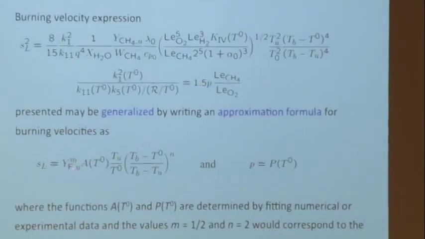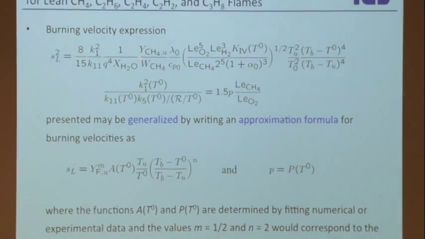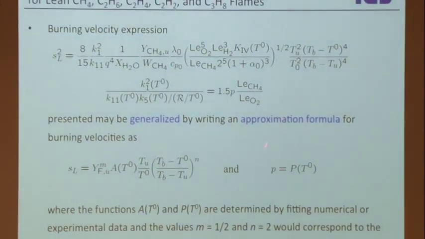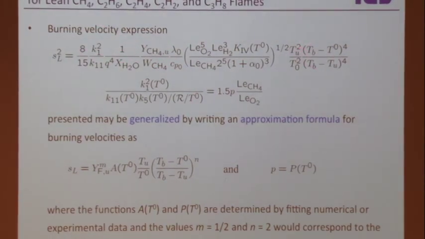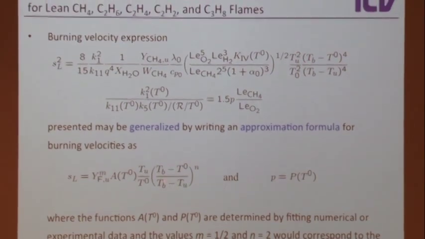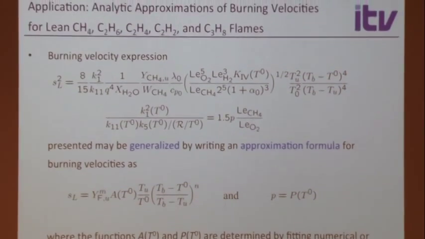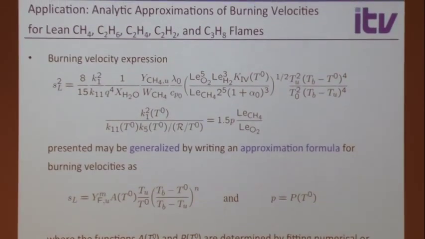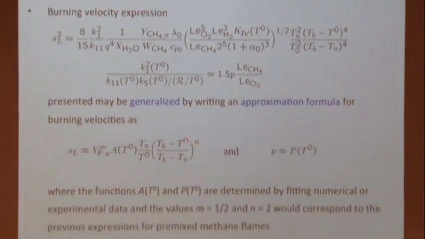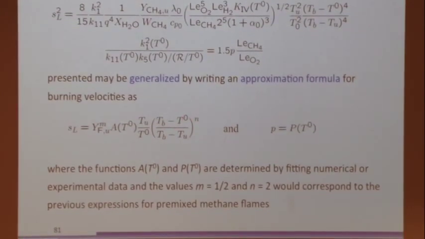Y fuel, there's some function of temperature, which is all these rate expressions. And then there is T u over T naught times Tb minus T naught to the fourth power, and we just say this to the nth power here. We also have T naught and Tb here.